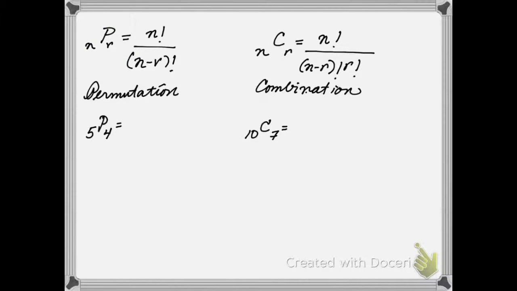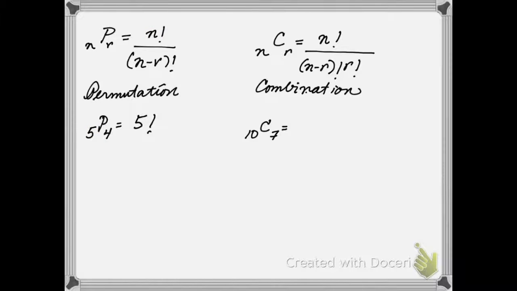This one here, this P stands for permutation, and you're going to have a number and then the P and then another number. So N and R represent the 2 numbers that you're going to have there. And the calculation is going to be a factorial. So this is going to be 5 factorial, because this is the N, the number that goes in the numerator.